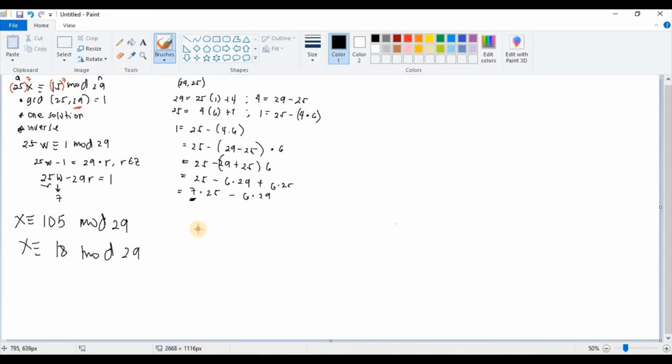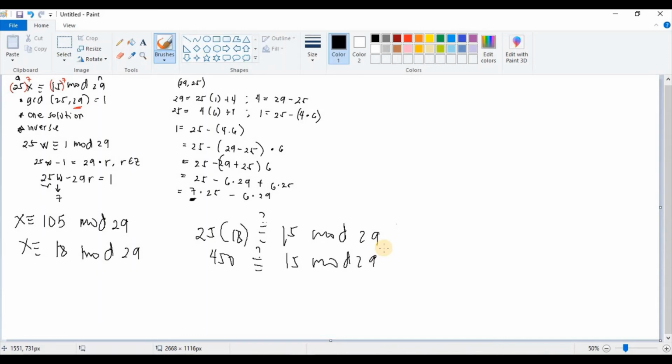Let's double check: is 25 times 18 congruent to 15 mod 29? Do your own and pause this. So 25 times 18 is 450. Is it congruent to 15 mod 29? 450 divided by 29: 29 times 15 is 435.